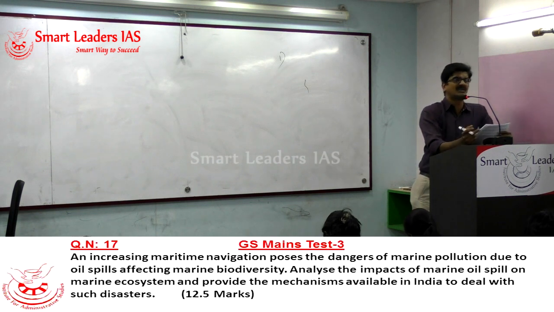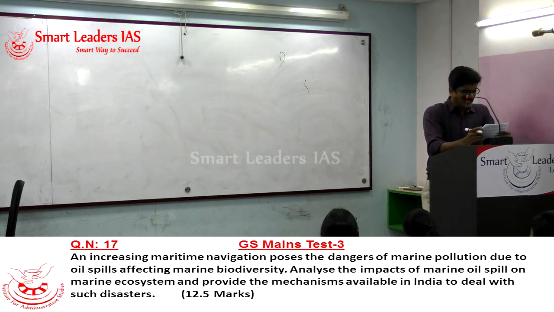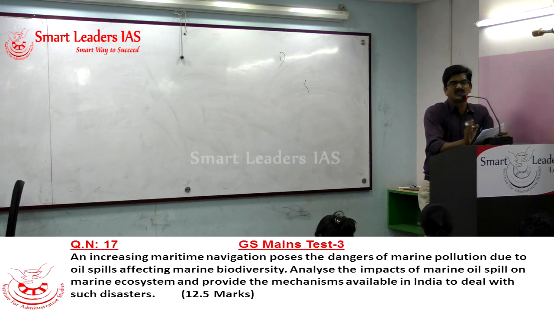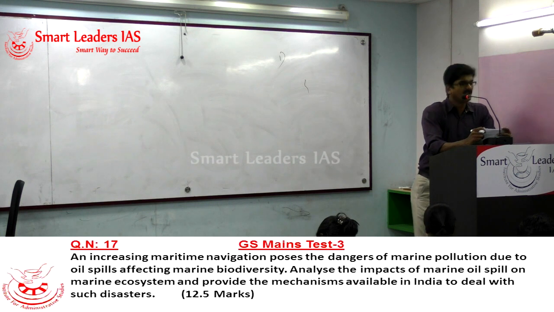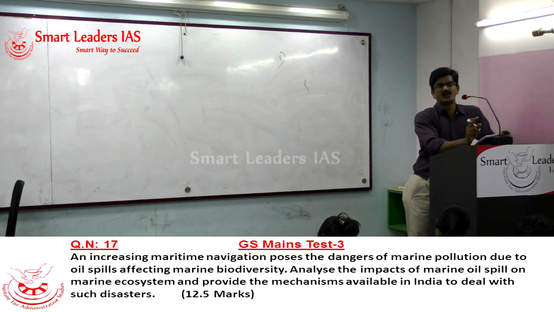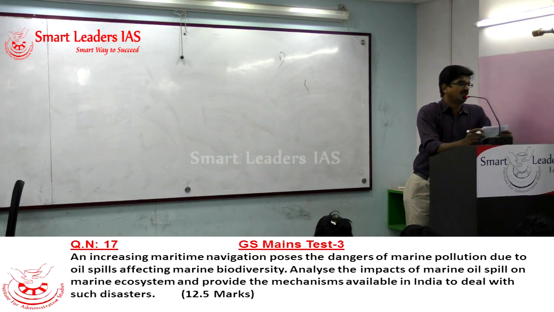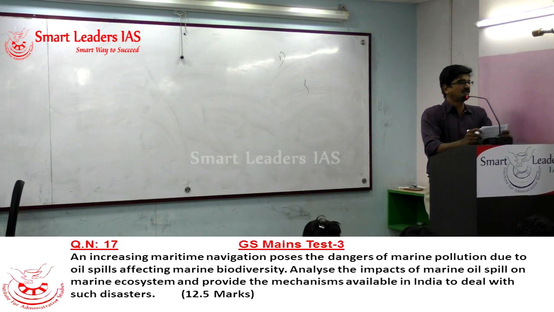What are the initiatives done by the country? First, Indian National Center for Ocean Information Services. Indian National Center for Ocean Information Services, what it does? Forecasting oil spills. That's one initiative. By forecasting oil spills, it enables our governments to take preventive actions.